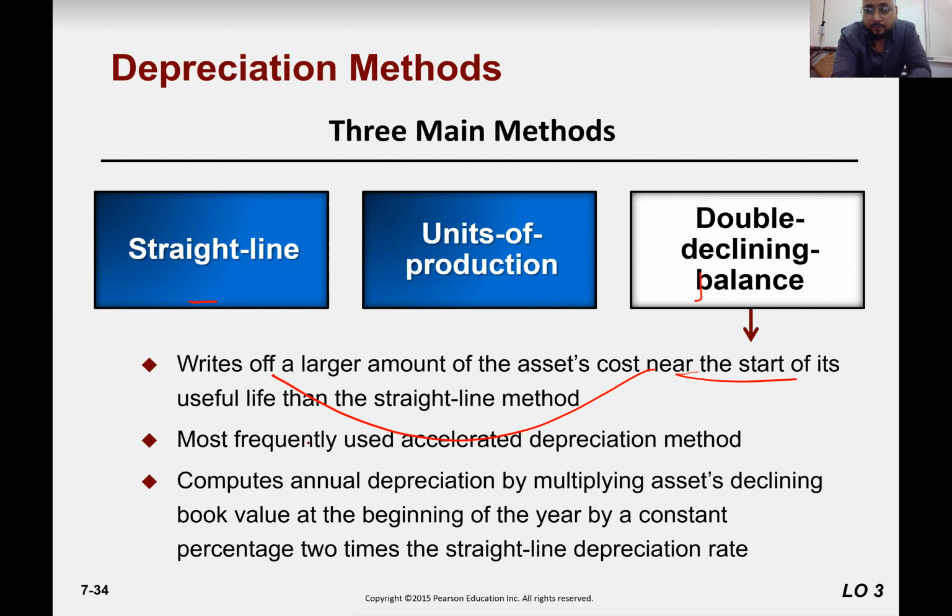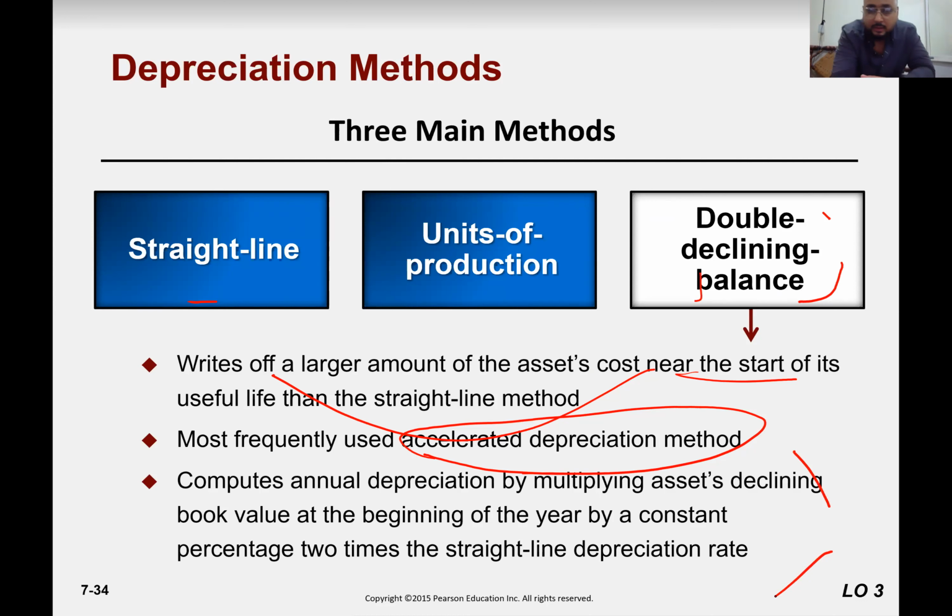So it is more frequently used. We also call this accelerated depreciation method, ADM. This is DDB, double declining balance method, or ADM, accelerated depreciation method.